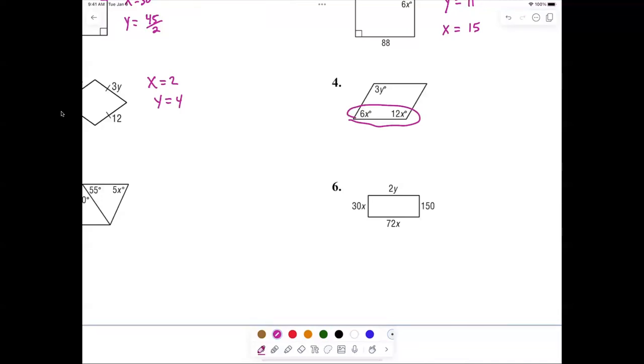So we know that X has to be 10, and therefore Y is equal to 40. There are lots of ways to figure that out. Consecutive angles are supplementary or opposite angles are congruent. So if X is 10, this would be 120. 120 is equal to 3Y.